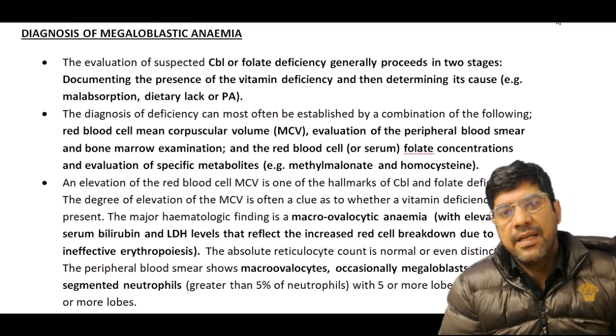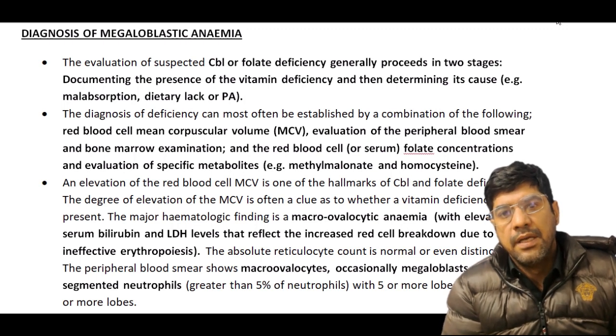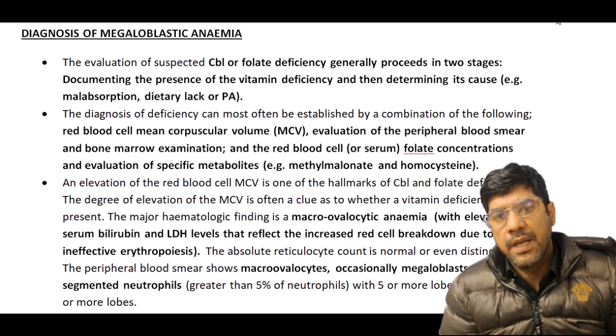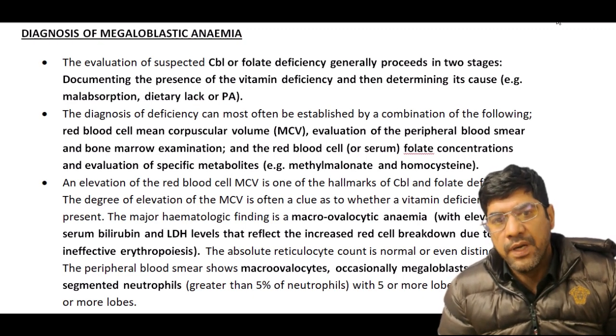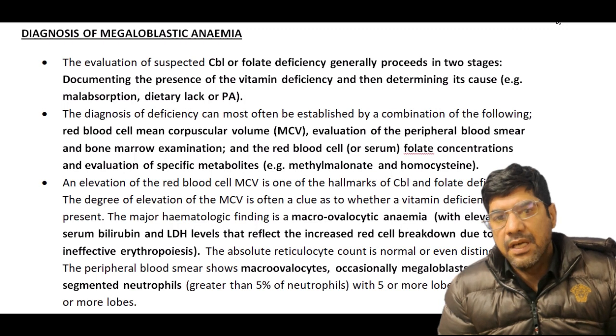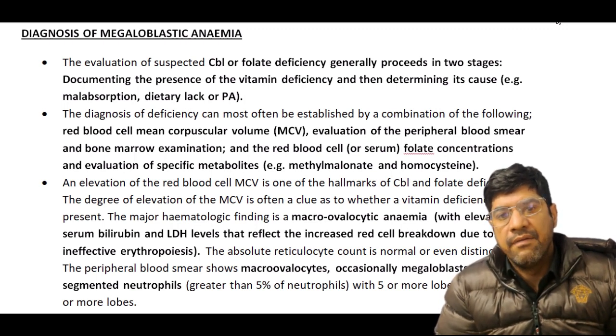Whereas if the serum folate concentration is more than 4 nanogram per ml, it effectively rules out folate deficiency. The red cell folate concentration is a more reliable indicator of tissue folate, since it will reflect a time average value of the folate availability.